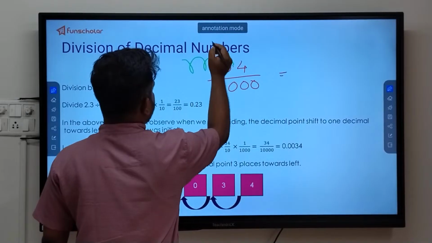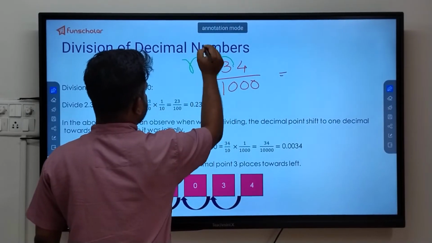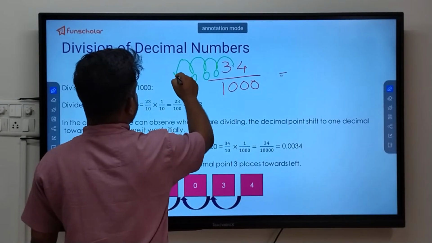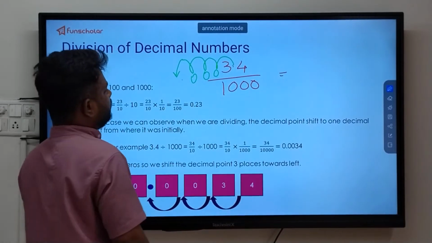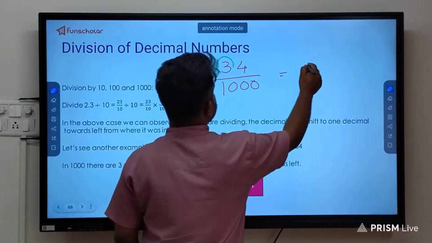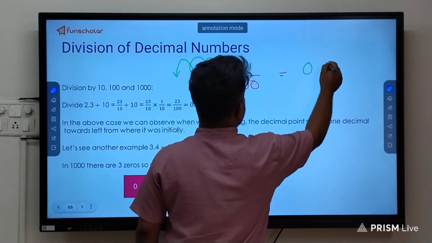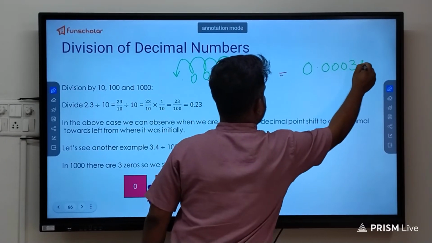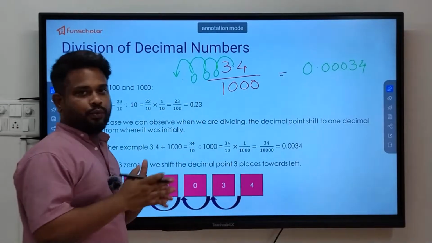For this 1 place here is a 0, for this 1 place here is a 0, and for this place also here is a 0, and the final answer will be, this point will reside here, and it will give us the answer 0.00034. This is the quick way.